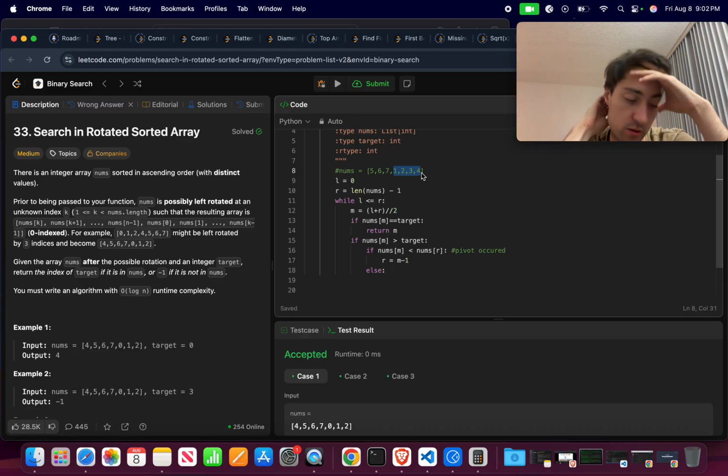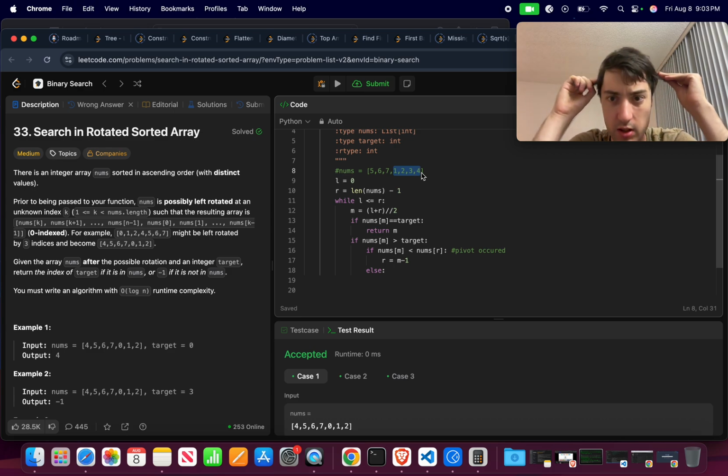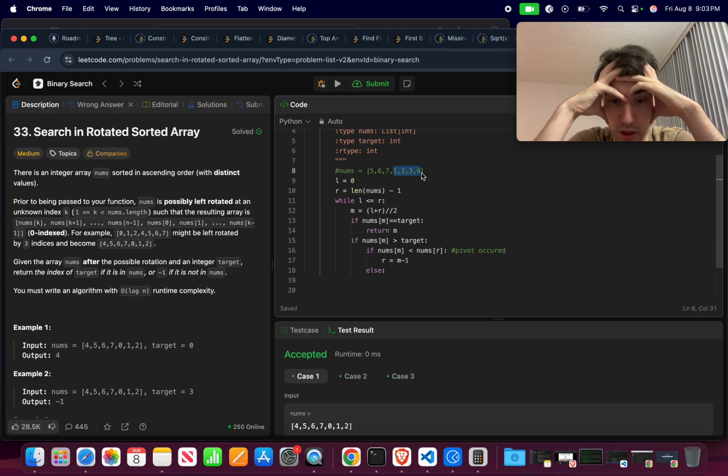I said that my midpoint is too big, and I'm looking for something smaller, so I'm going to look to the smallest of my left.